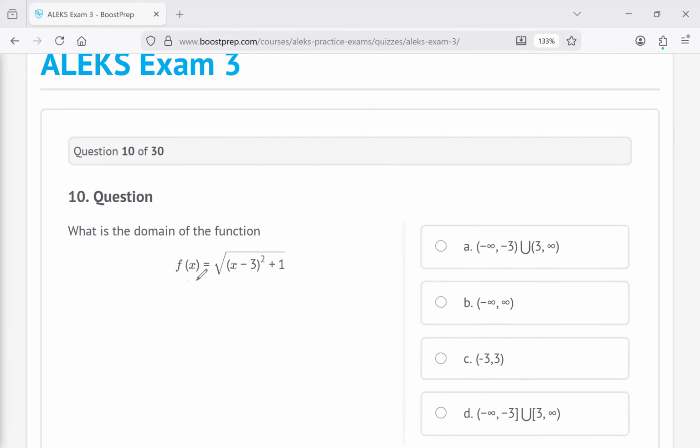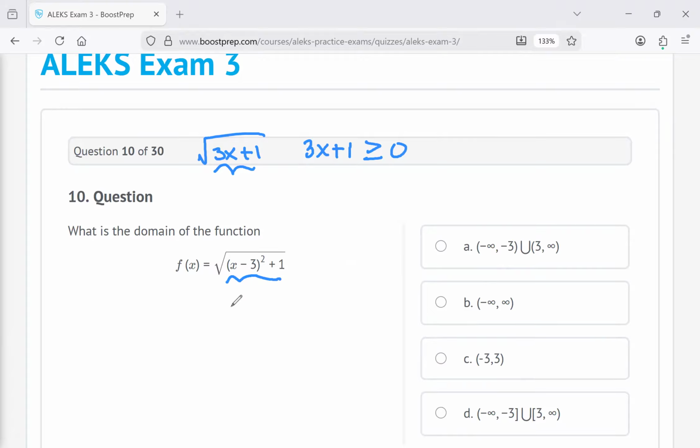Now, I know you're seeing a square root, and when you're dealing with a square root, for example, y equals square root of 3x plus 1, what you would do if it's a regular square root is say whatever is inside the square root, in this case 3x plus 1, you set it greater than or equal to 0, and then you solve for x. But the thing is, what is under the radical in this graph?